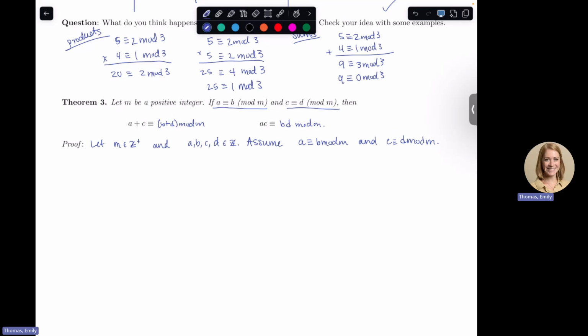Okay, so what do we know from those two things?